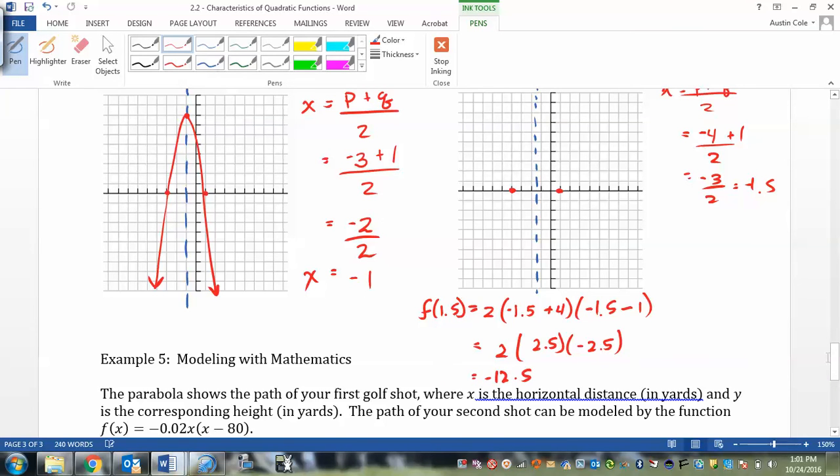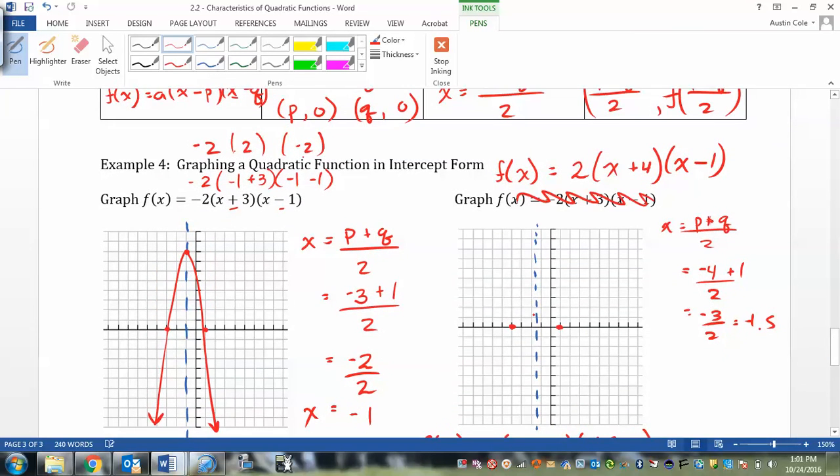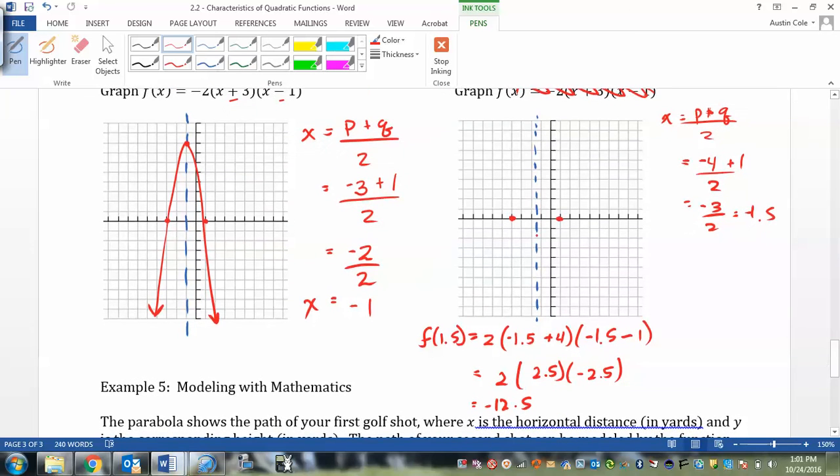Yeah. Okay, so it's negative. So I'm down here. -1, 2, 3, 4, 5, 6, 7, 8, 9, 10, 11, 12. I'm going to be off the graph a little bit, but we'll get it pretty darn close. And there we are.